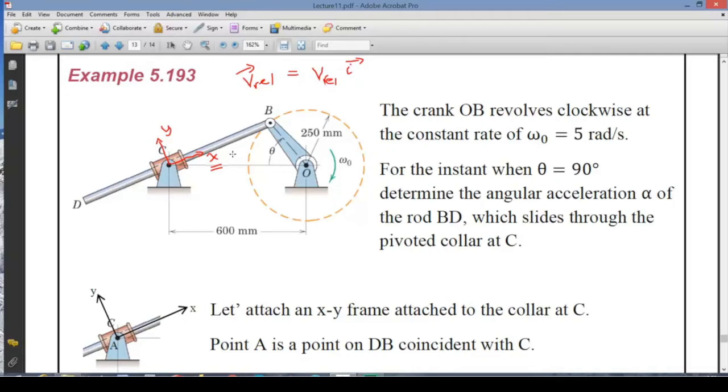So it's a good idea to start writing my equations using this frame, because V relative and A relative will not have a component in the Y direction, and that might be helpful in finding solutions for this problem. There's the X direction, and the relative motion of this link BD with respect to the collar is always in the X direction. And they are rotating with the collar about point C.